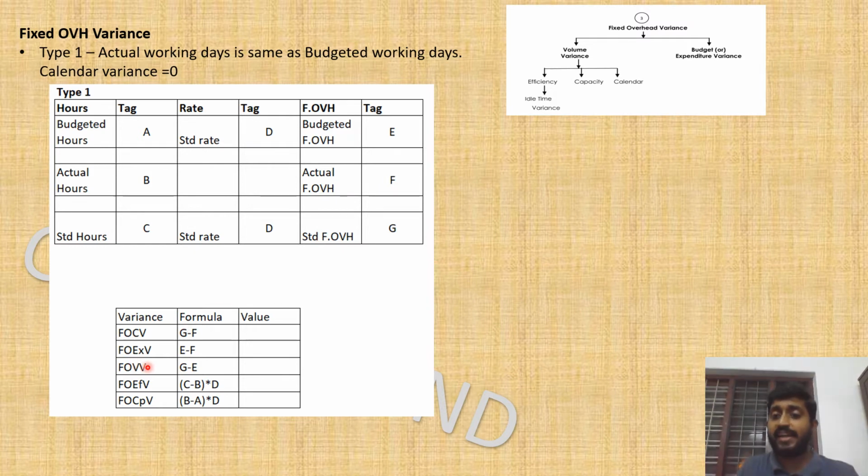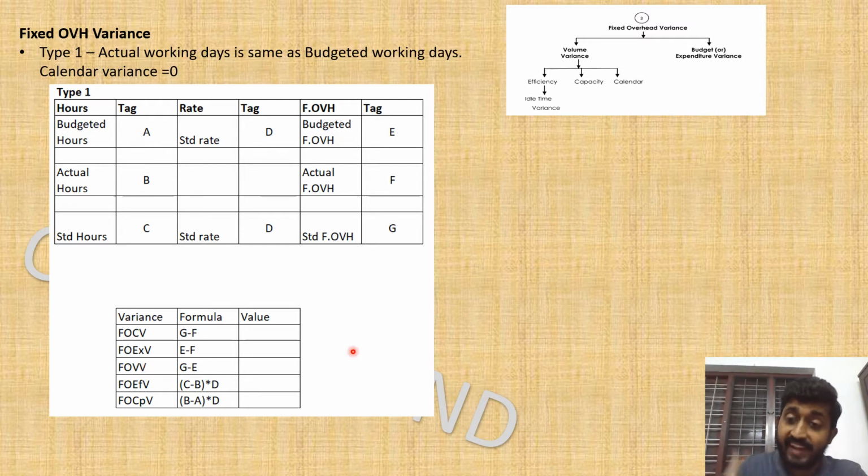So the volume variance is standard fixed overheads minus budgeted fixed overheads. So the first variance, cost variance, is between G and F, the second variance, expenditure variance, is between E and F, and the third variance, the volume variance, is between G and E. Okay, so we have completed three variances.